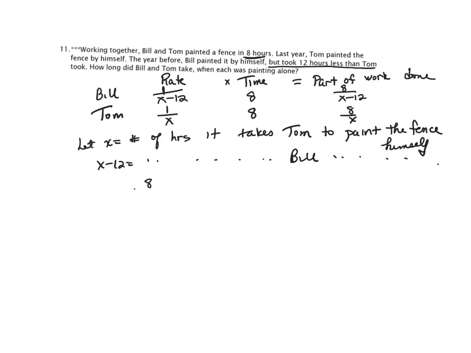And to solve for x, we add these two fractions together, and we always make it equal to 1, since the part of the work done has to be completed, and that's 1. Now we proceed to solve algebraically, and we can multiply both sides by the least common denominator, which is x times x minus 12.